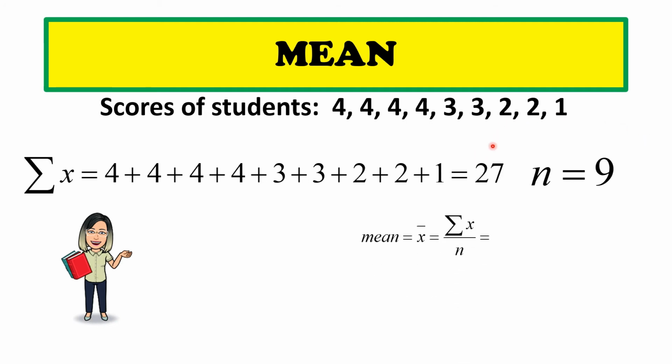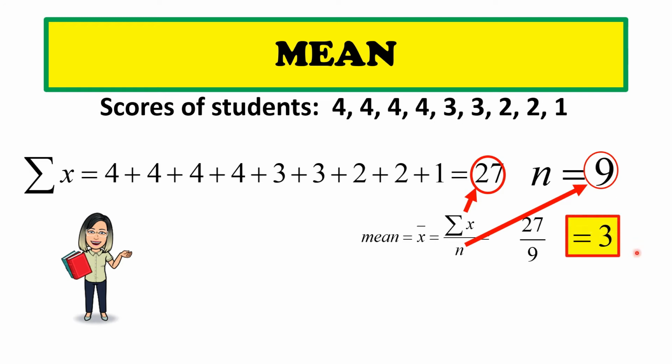And what is summation of x? Summation of x is 27. And what is n? n is 9. We write 27 and 9 in the formula, 27 over 9. And what is 27 over 9? The answer is 3. Therefore, our mean is 3.